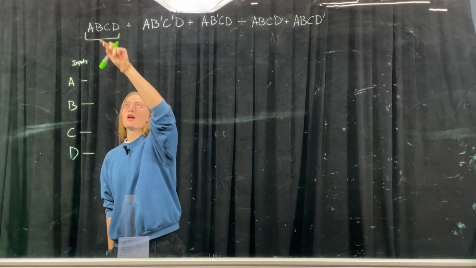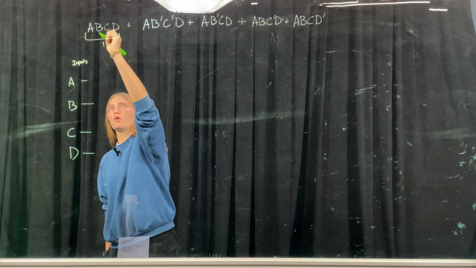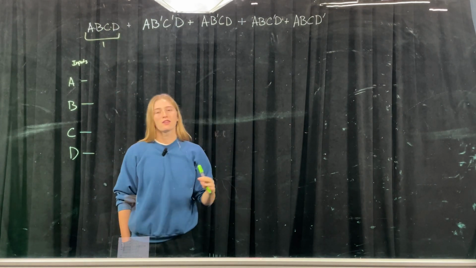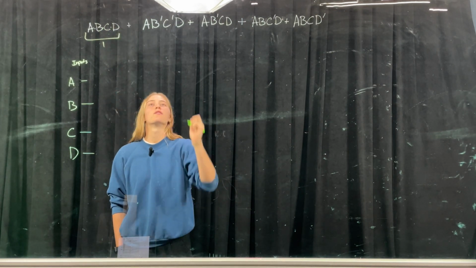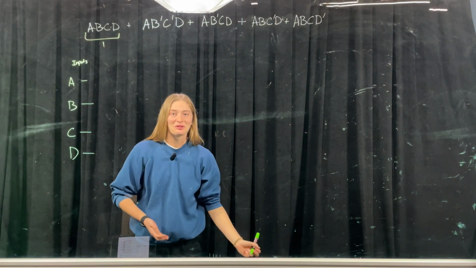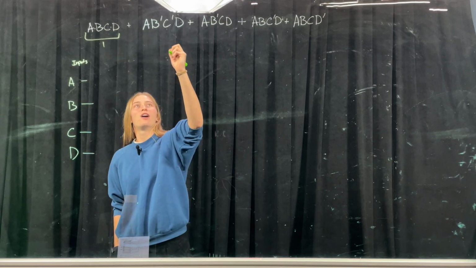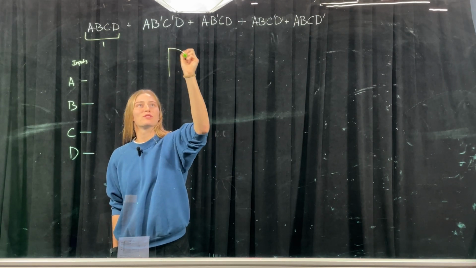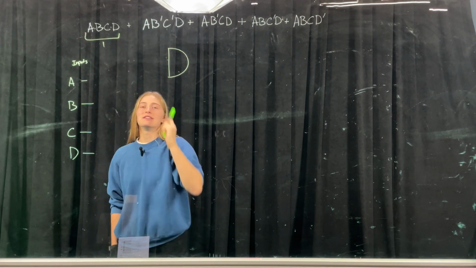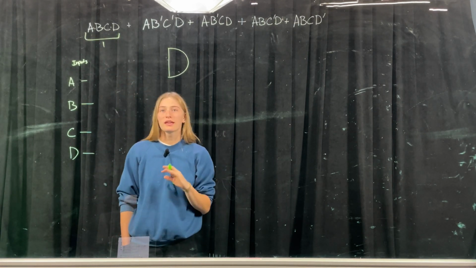We'll start here. And notice that with these 4 variables, we're ANDing all of them. So for our first term, we're going to AND them all, which means that we need an AND gate. If you want to know what an AND gate looks like, you can go ahead and check out our AND gate video. But for now, I'll just assume that you know. So that's an AND gate. Here we've got A, B, C, and D going into our AND gate, and nothing is knotted.